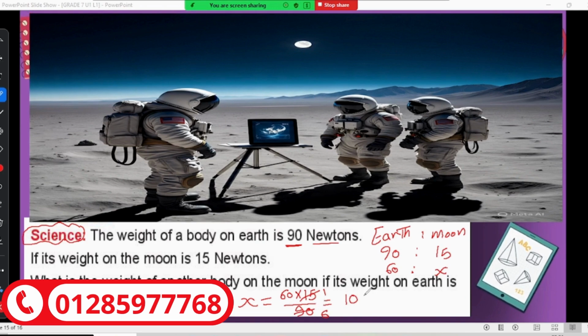So the weight of the body on the moon is 10 Newtons.